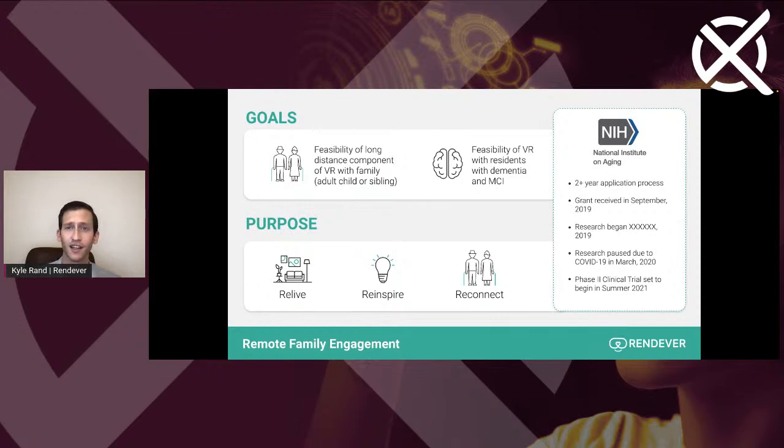Depending on the experience, family members are either only present through voice or they're embodied by their 3D avatars, which is just abstract enough to potentially cause confusion and distress, especially for people with memory impairment. And so we needed to understand that this is something that could really work. After all, if the family member's virtual presence created any negative emotions, it probably wouldn't present an opportunity for any VR-based family engagement to really take shape in the industry.